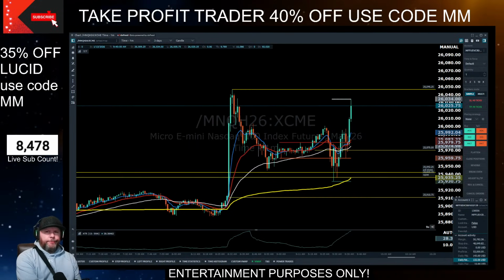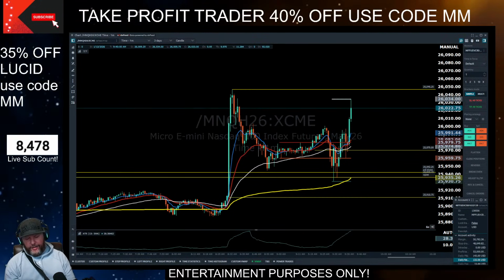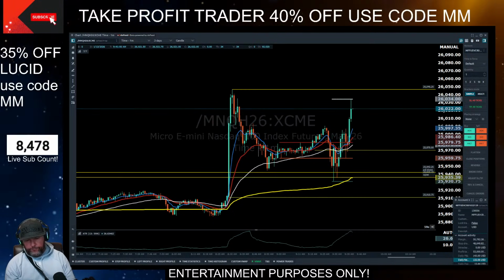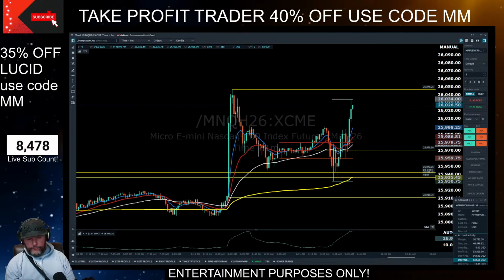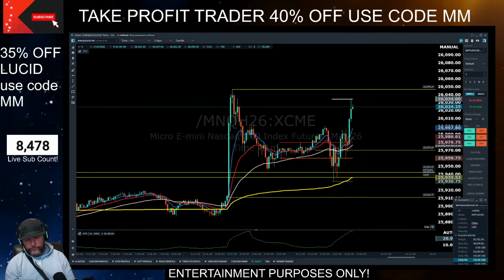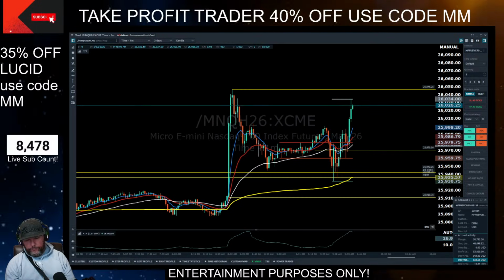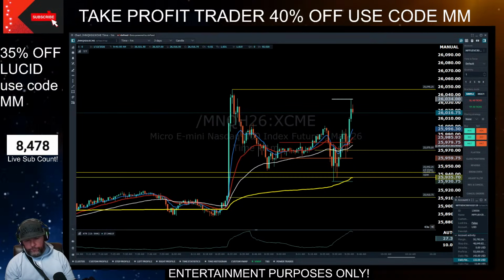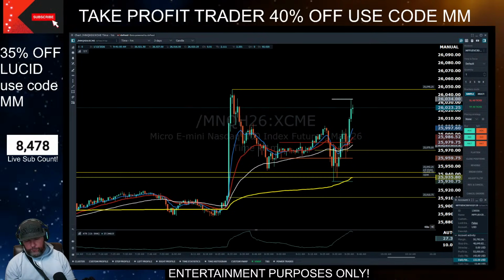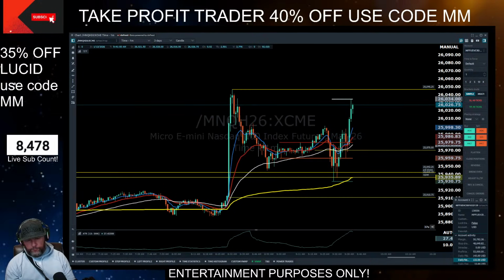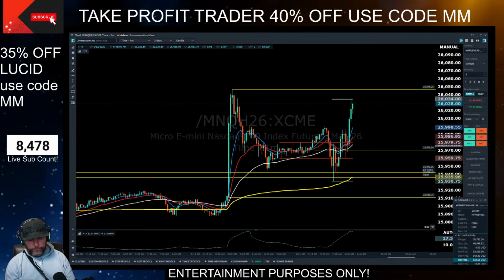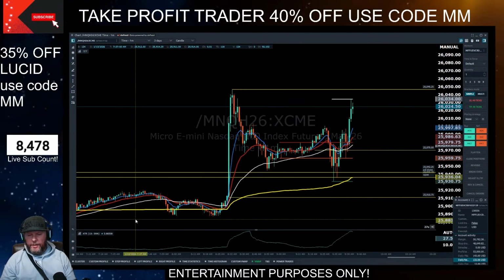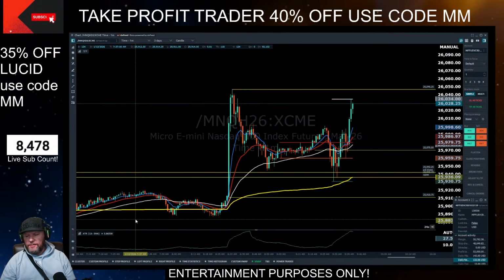Lino is just pushing up. I don't know. It's pushing up. Looking like he wants to sweep the highs at this point. Well, here's the thing. ES is not moving.